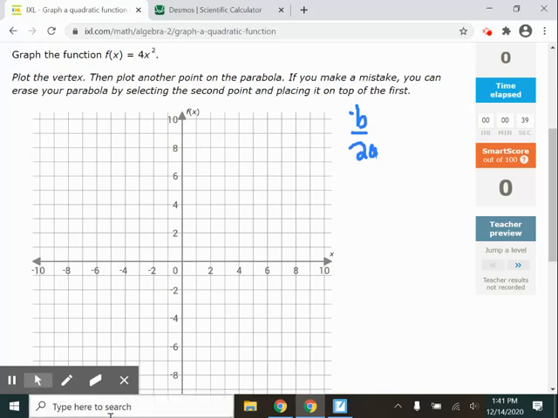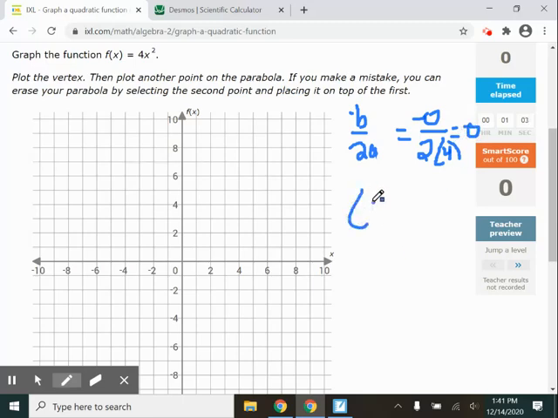So my negative b over 2a for this one, b is 0 because there is no x value here. So this is going to equal negative 0 over 2 times my a value of 4. Well, it doesn't matter that I have a 4 as an a on the bottom because I still have 0 as my value.